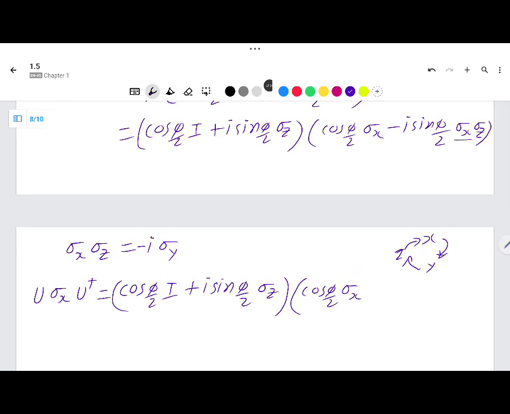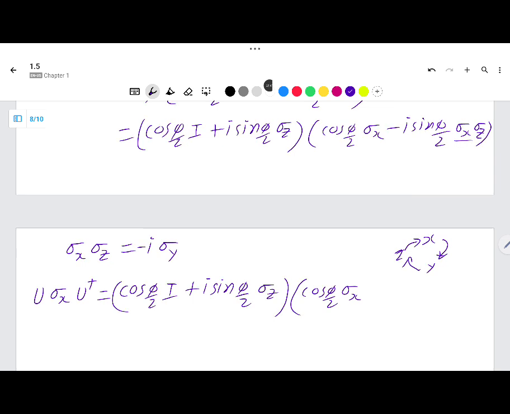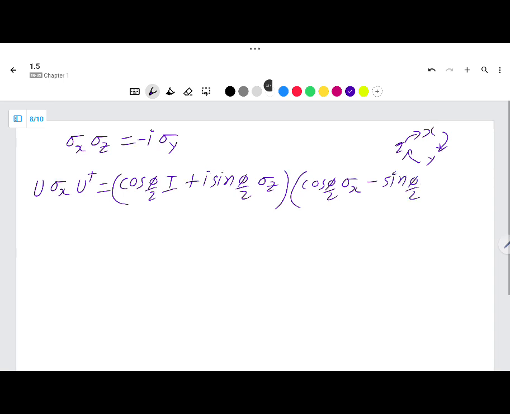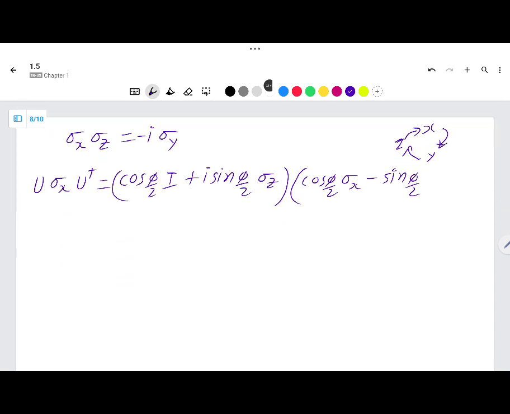There is negative i and there is another negative i, so that will give me i squared, minus 1. It will give me minus 1 sin pi by 2 sigma y.